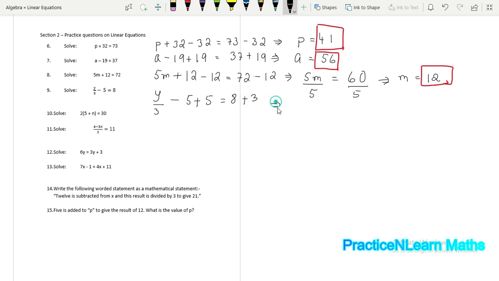Which gives me y over 3 is equal to 8 plus 5, which is 13. Now I multiply both sides by 3, which gives me y is equal to 39.